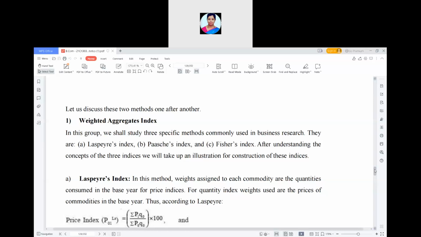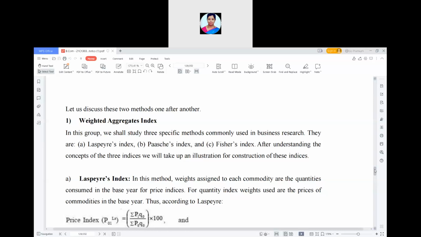But we are having six. So totally, we can have six methods in this weighted aggregate basis: Laspeyres' method, Paasche's method, Dorbish and Bowley's method, and Fisher's ideal index. Apart from that, we have the Marshall-Edgeworth method and Kelly's method.